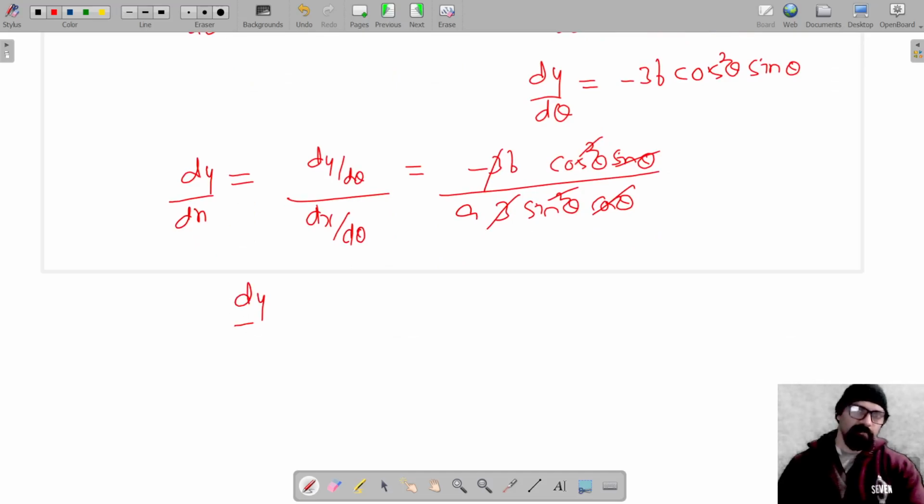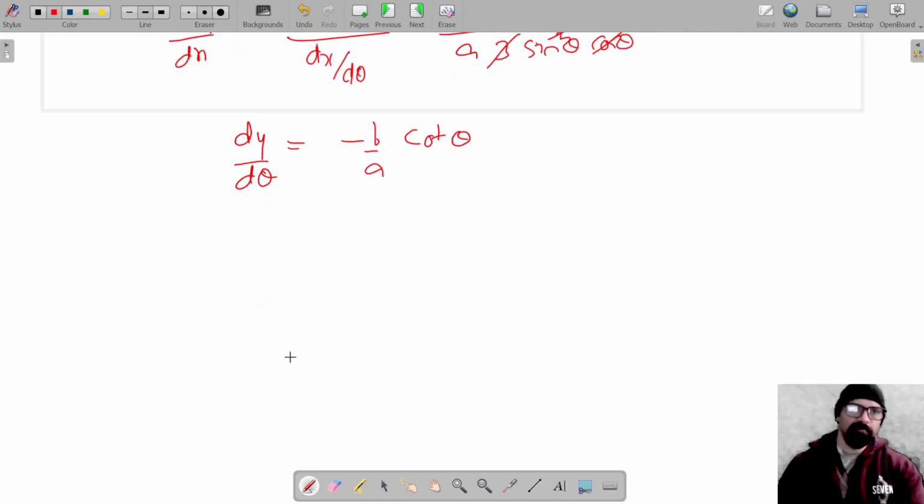So finally we are left with dy by dx is equal to minus b by a, and cos by sine is cot theta. This is not dy by d theta, this is dy by dx. So let's differentiate it once again.